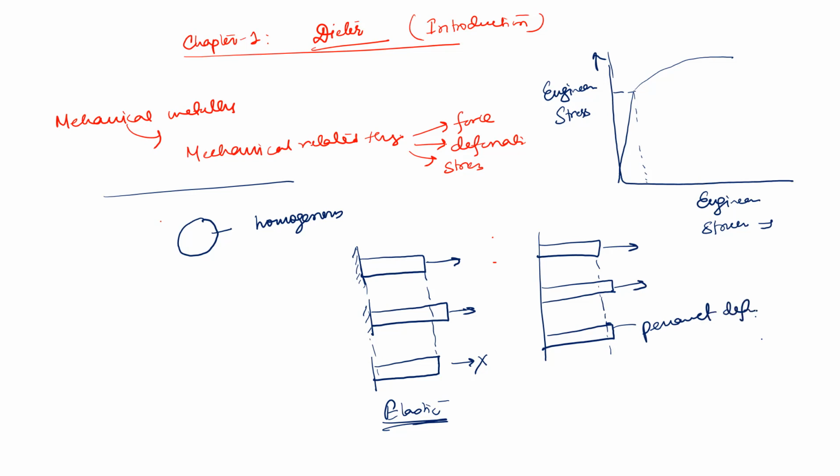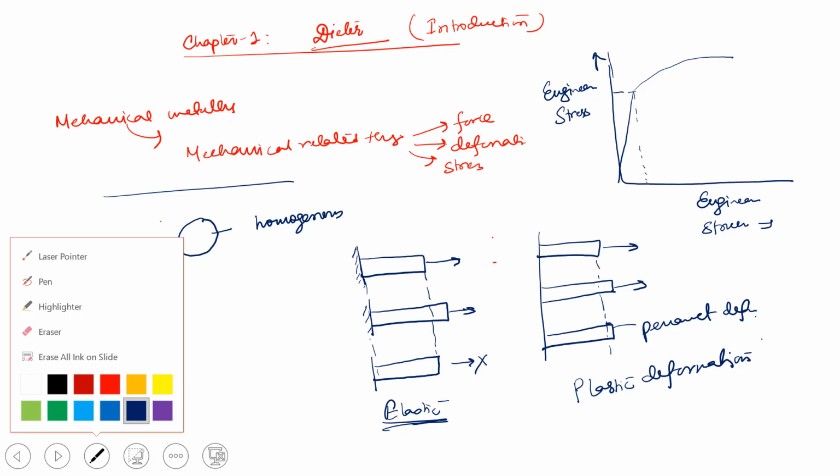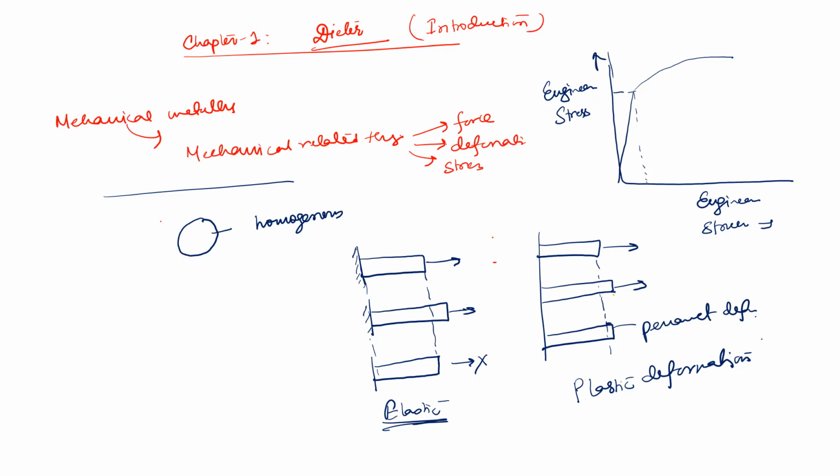When we get some permanent deformation, then it is called plastic deformation. One thing to be noted is that the stretching was up to this limit, but after removal of stress we have got the stretching up to this limit, which is lower than the initial stretching but higher than the initial length.